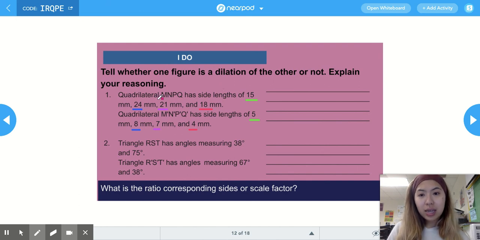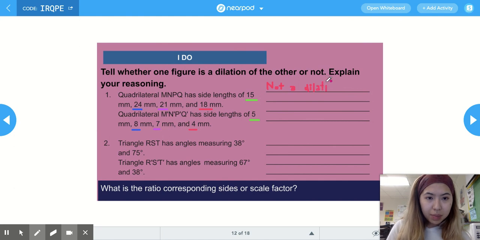So actually, quadrilateral MNPQ is not a dilation, because not all of the corresponding side lengths have a scale factor of 3.